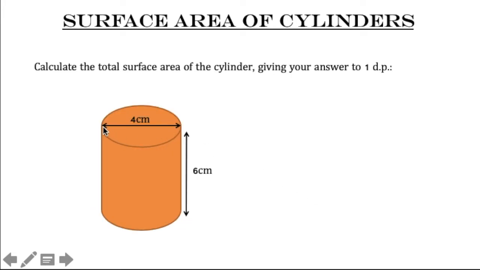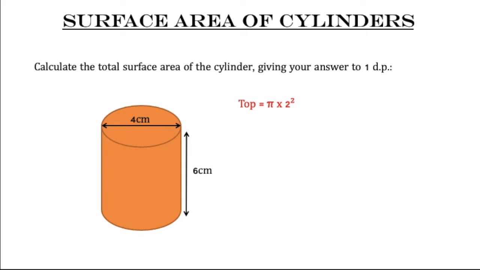If you have the diameter of the cylinder as 4 centimeters, my bad, and the height is 6 centimeters, that makes it easy. For the top part, we know that the area of a circle is pi radius squared, which is pi multiplied by the radius.